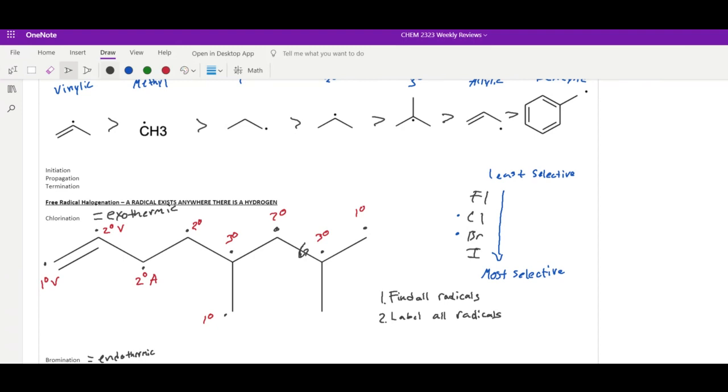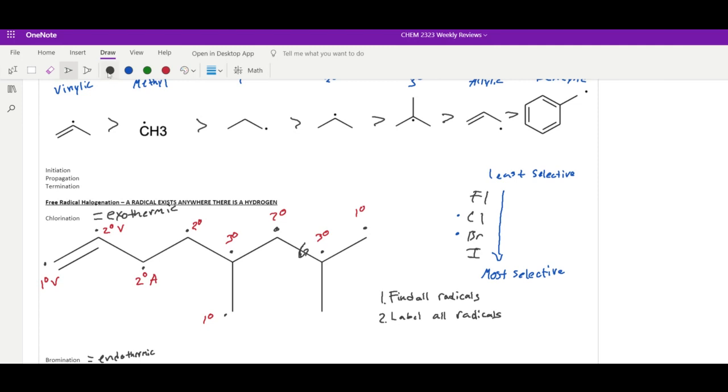Okay, and I would double check that because I'm not sure if that's true. I'm like 90% sure it's true, but there's a 10% chance that your professor may want chlorine to also bond to a vinylic position, even though it's unstable.